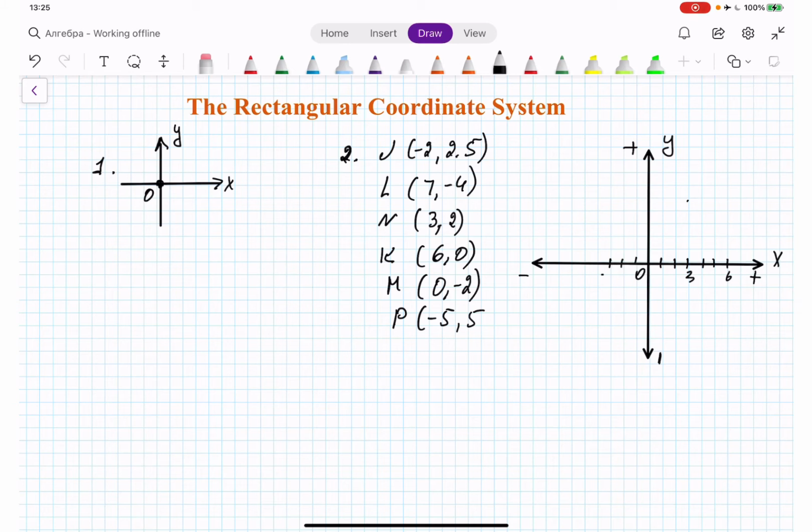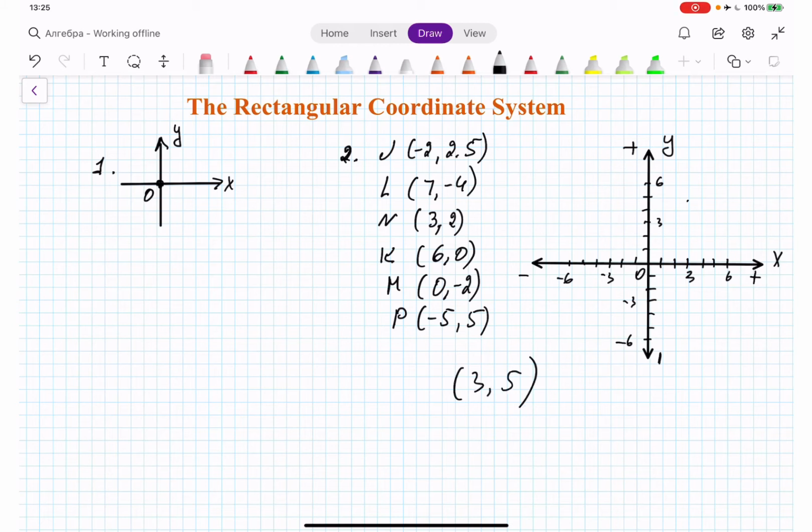And negative 1, 2, 3, 4, 5, 6, and the same on the y-axis, positive 1 to 6 and negative 1 to 6.